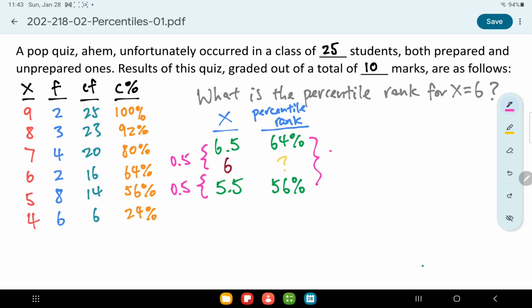Okay, so we've got 8 units apart. 4 units, we subtract 4 units from 64%, that gives us 60. We add 4 units to 56%, we also get 60. That's the answer. So to the question, what is the percentile rank for x equals 6? The answer is 60%.